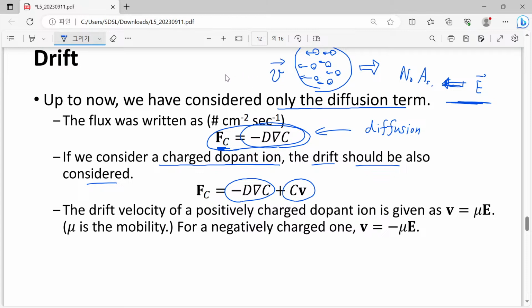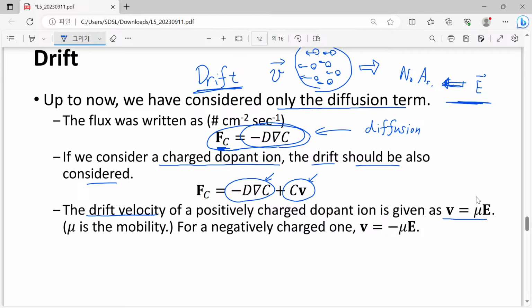So actually this is not the total velocity, but the velocity due to the drift mechanism. So here we have a diffusion term and a drift term.